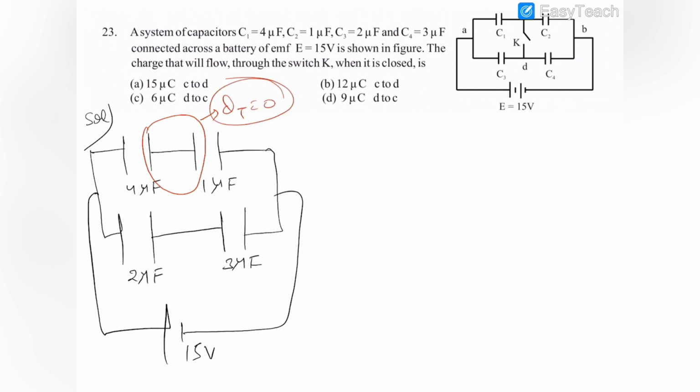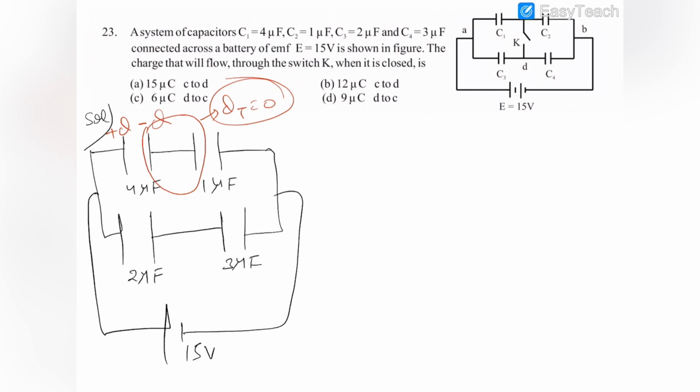The total charge on these 2 plates, because in series combination, if let's suppose the charge on this plate is plus Q and charge on this plate is minus Q, then these 2 plates are connected together and they are isolated from the surroundings. There is no other connection of these 2 plates with the surroundings. So any charge appearing on this plate and any charge appearing on this plate would be in total 0.